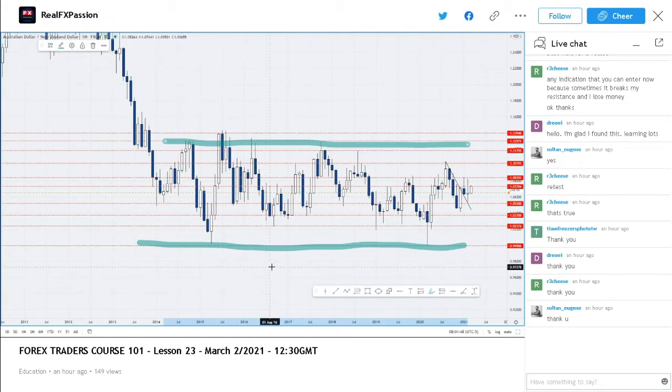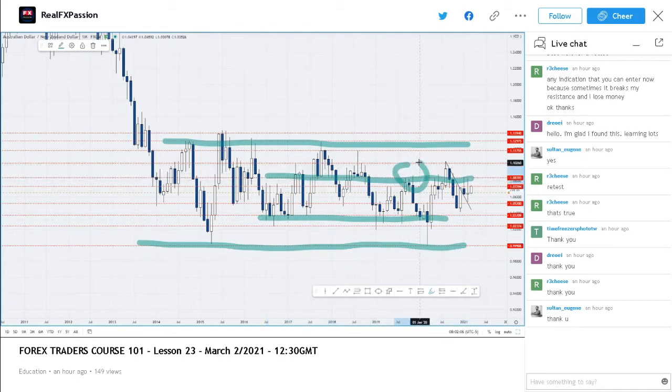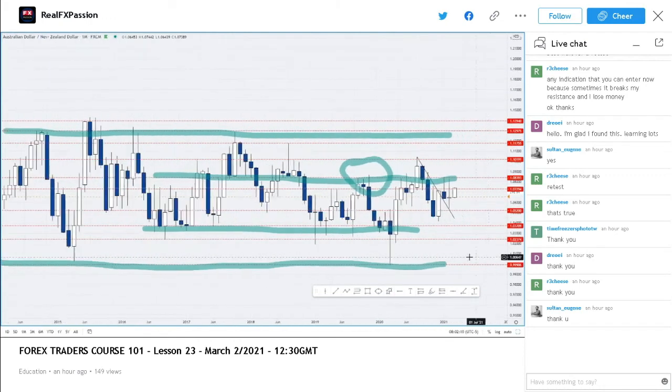And as you can see, everybody, in between the bigger channel we have also the smaller channel. So sometimes or many times the market is not going directly up, but like in here, right? The market is not pushing up and down.